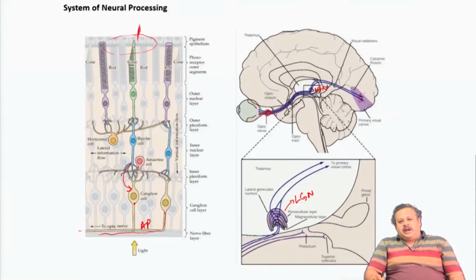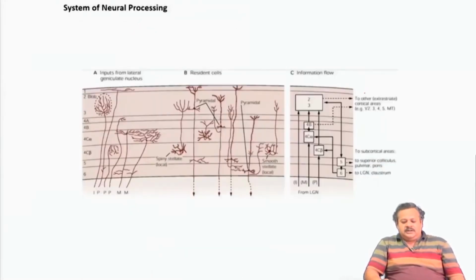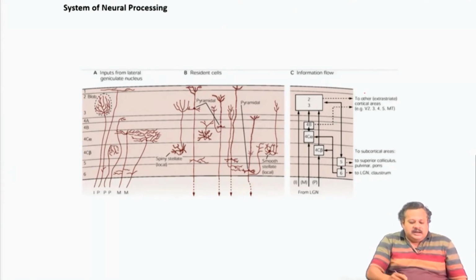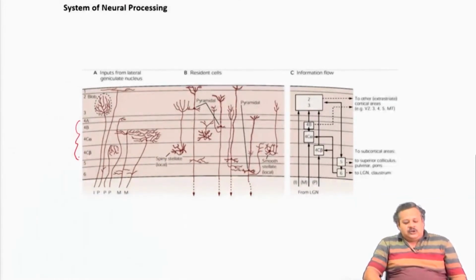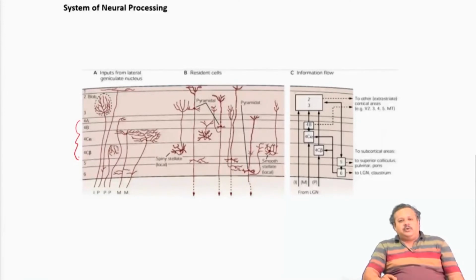And in the primary visual cortex, there are multiple different layers that are present, which we have discussed. So, if we look at the primary visual cortical layer, there are, as we have discussed, layers 1, 2, 3, 4, 5 and 6, and depending on the species, there are various sublayers within the layers, and it is really in layer 4 that the thalamic inputs are coming in.